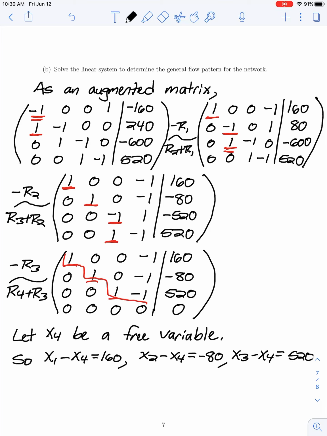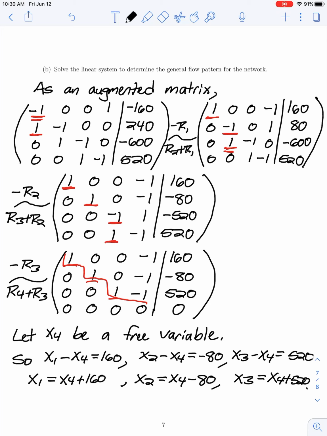So solving for x1, we have x4 plus 160. x2 is equal to x4 minus 80. And x3 is equal to x4 plus 520.